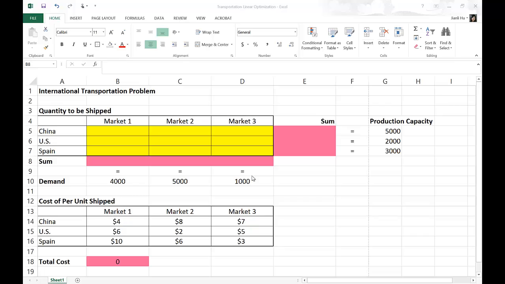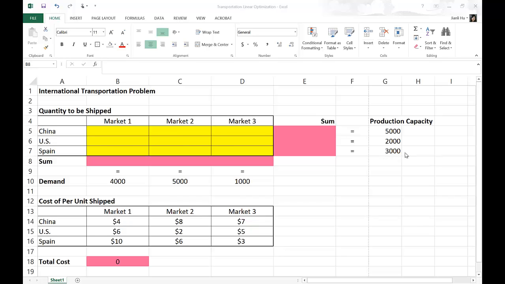So we have to make a decision. The decision we have to make is, among the 5,000 units we produce in China, how many should be sent to market 1, market 2, and market 3. Same, among the 2,000 units we're going to produce in US, how many should be sent to market 1, market 2, and market 3.